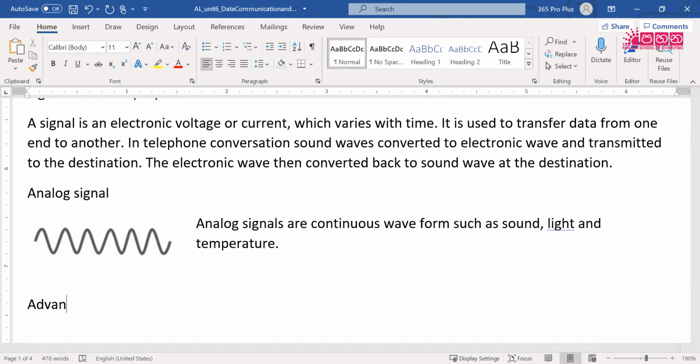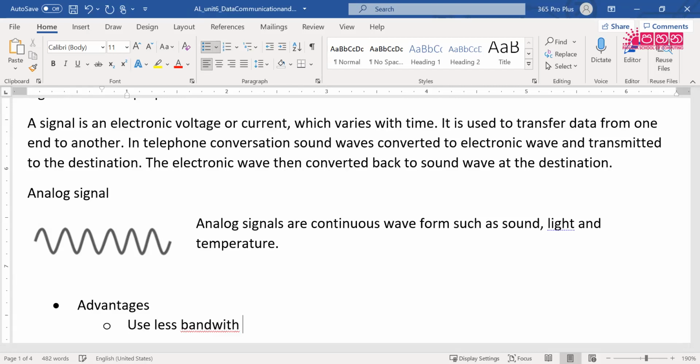Advantages. Use less bandwidth than digital.